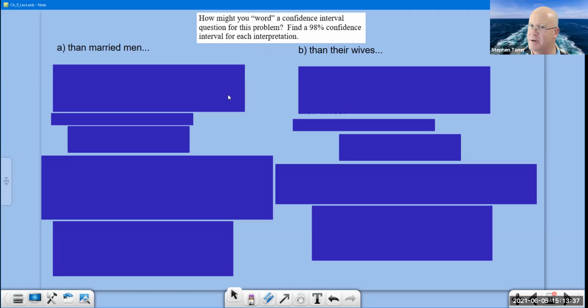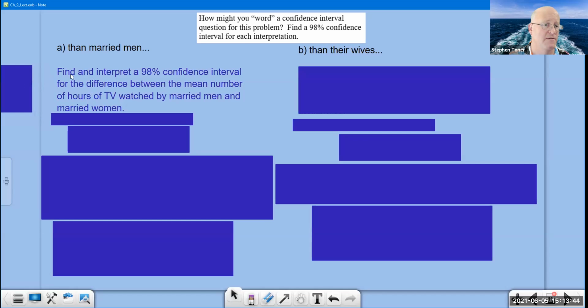A little bit of a different skill. Okay, here we go. First one, find and interpret a 98% confidence interval for the difference between what?